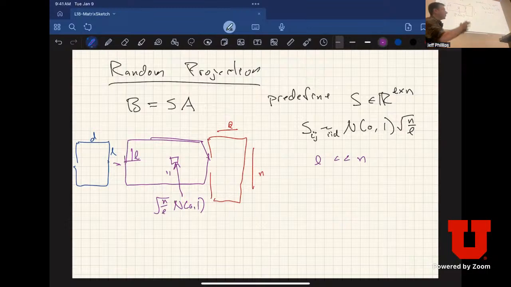Okay, so the dimension is the same here. The dimension is the same, but the number of rows is much smaller.